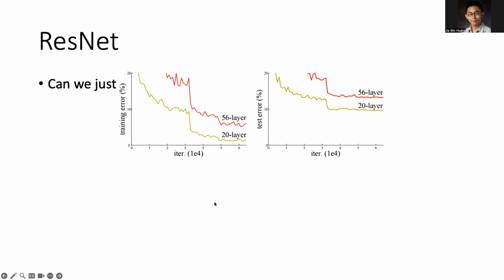It's weird, right? Because we know that deeper models should perform better, but they show that it doesn't. And why is that? Even the training loss doesn't really improve. The main problem is not that the model is not sufficiently expressive or doesn't have enough capacity. It's that it's more difficult to train this model.